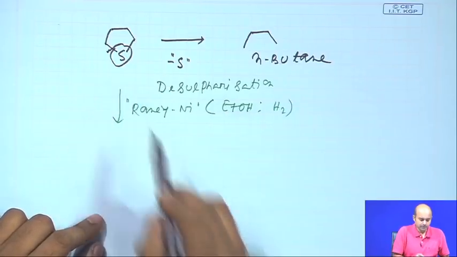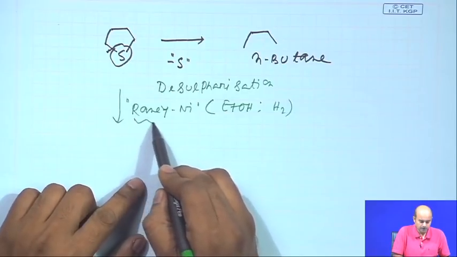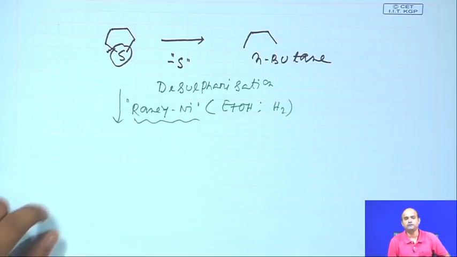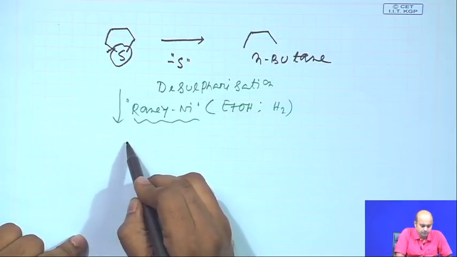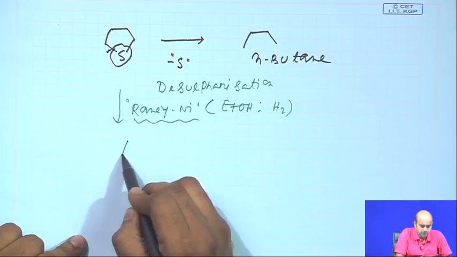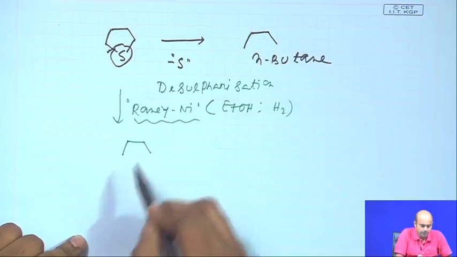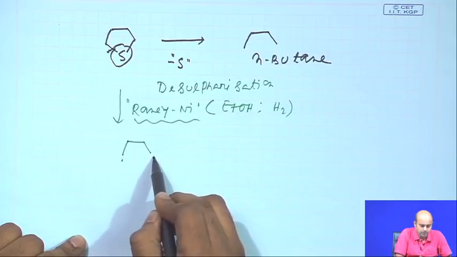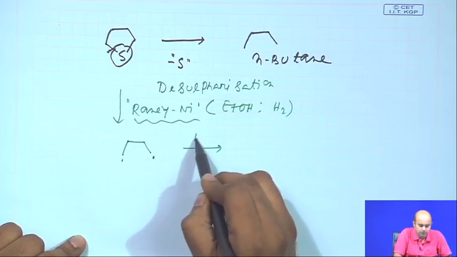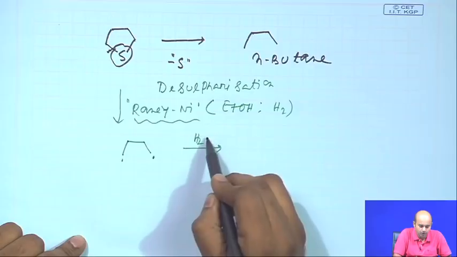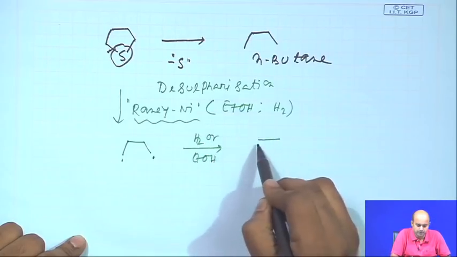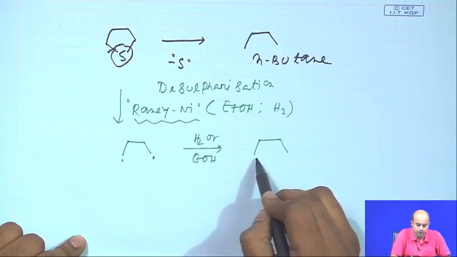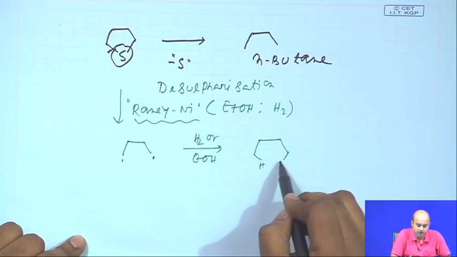Raney nickel is strongly thiophilic. Thiophilic means it has a strong attraction towards sulfur. The mechanism is not very well established, but people propose that probably a diradical pathway might occur, which is further quenched by hydrogen or the ethanol used as a solvent to give you butane.